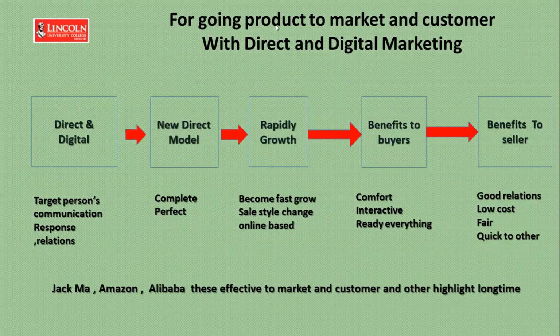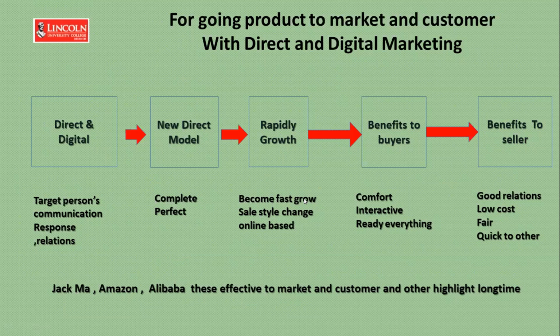For taking products to market and customers with right and digital marketing, step by step. Let's present with a diagram: the right and digital, target person, communication, response, relation, new direct model, complete, maybe perfect, rapidly grow.